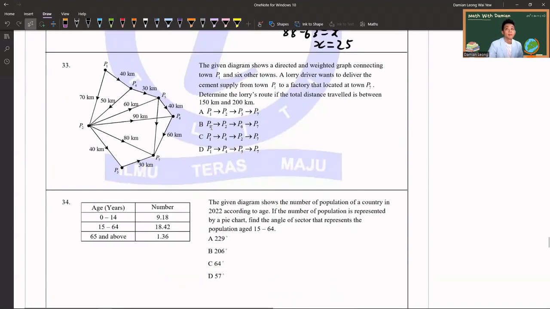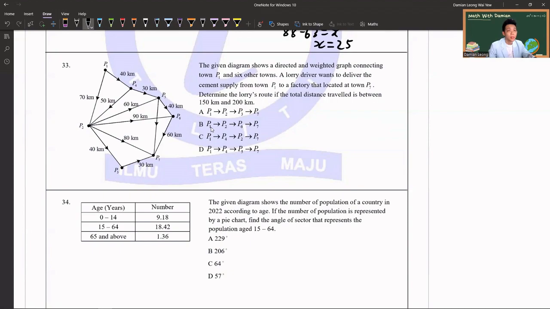Question 33. The given diagram shows a directed and weighted graph connecting town P1 and 6 other towns, from P1 to P7. A lorry driver wants to deliver cement supply from town P1 to a factory located at town P7.